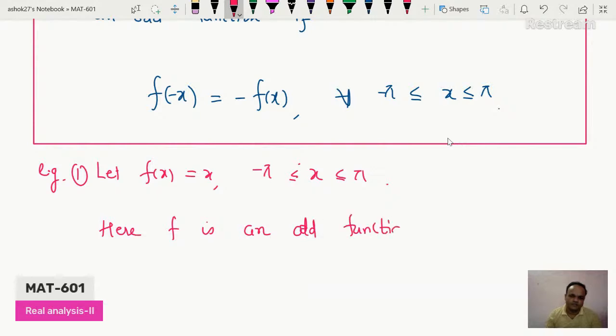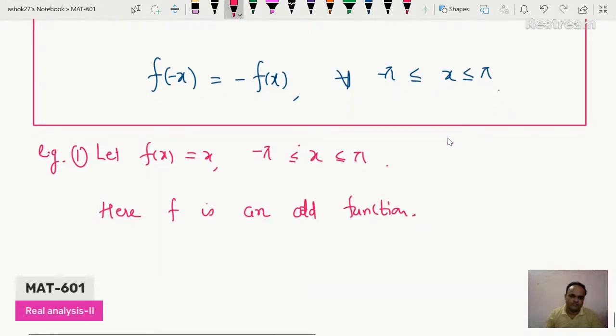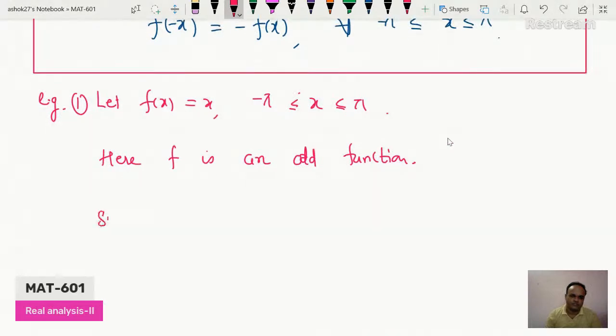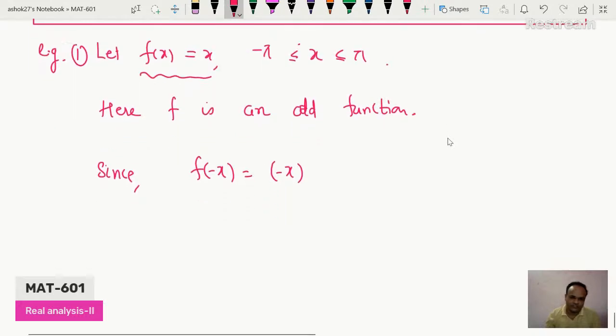You can simply check the definition of odd function. What is f of minus x? It will be minus x, using the definition of f(x), because f(x) equals x. So f of minus x is simply minus x, which is minus of x, meaning minus of f(x), because x is nothing but f(x).